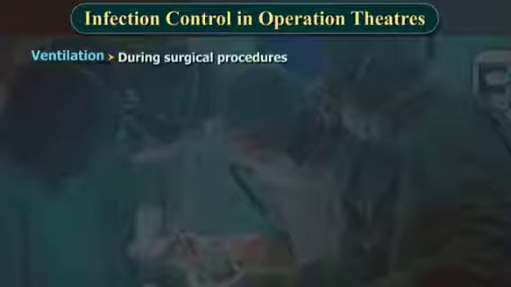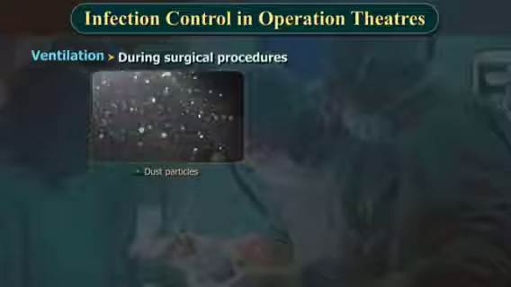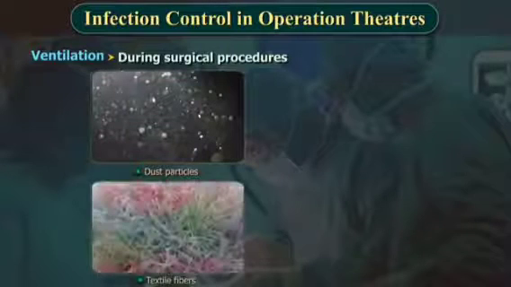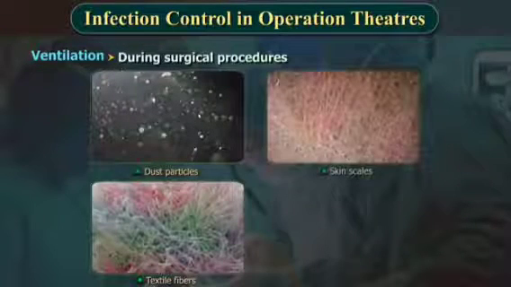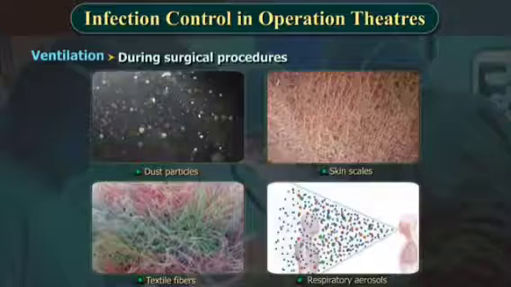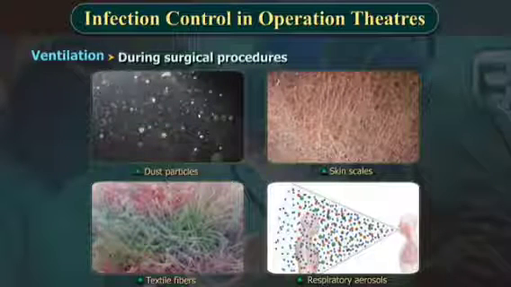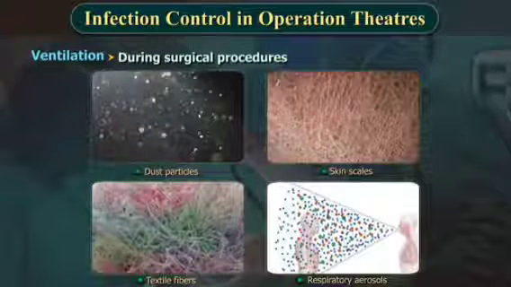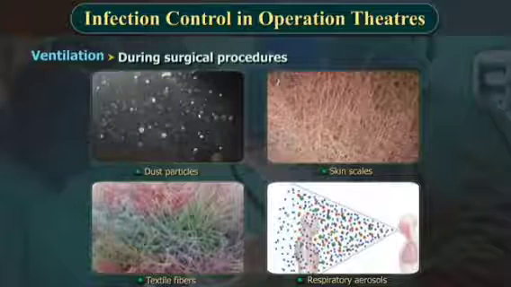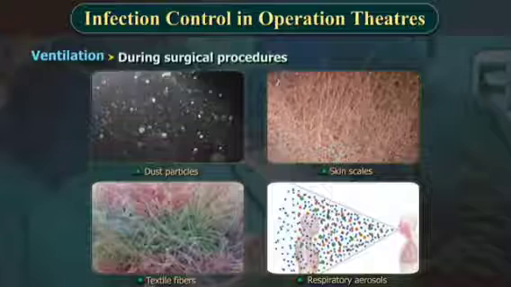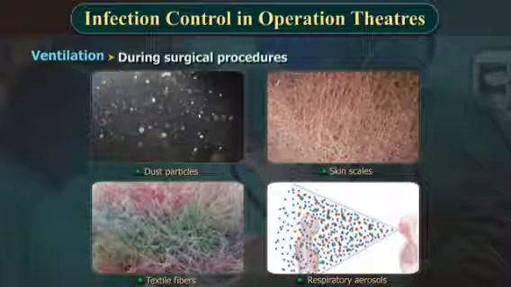Ventilation. During surgical procedures, dust particles, textile fibers, skin scales, and respiratory aerosols loaded with viable microorganisms are released from the surgical team and the surrounding into the air of the operating theatre.